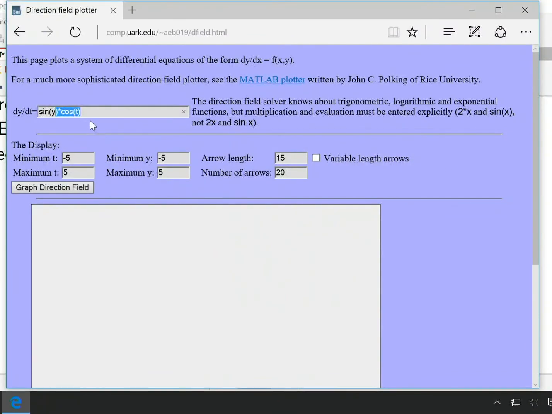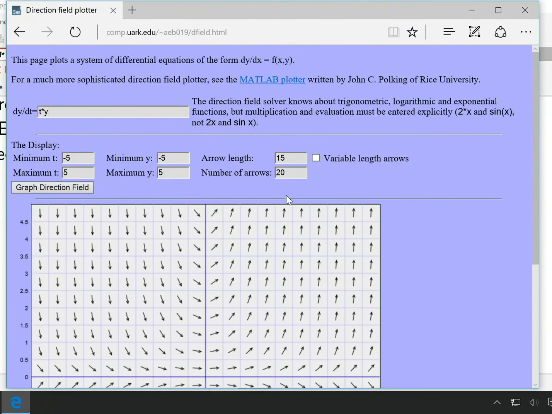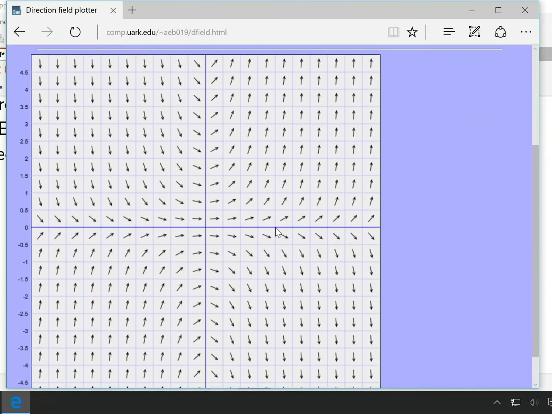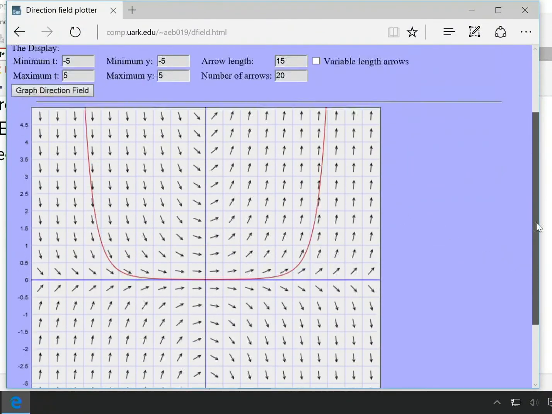So here you can type the right hand side of your differential equation. Say, t times y, and then you can graph the direction field. And then if you want to plot solutions of the differential equation, you can too. So here is a solution of the differential equation.